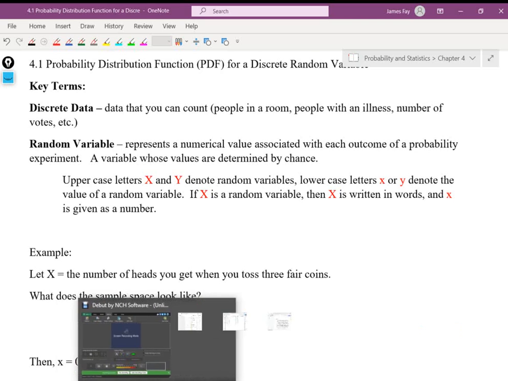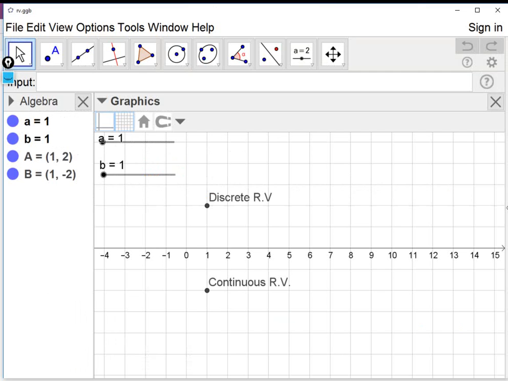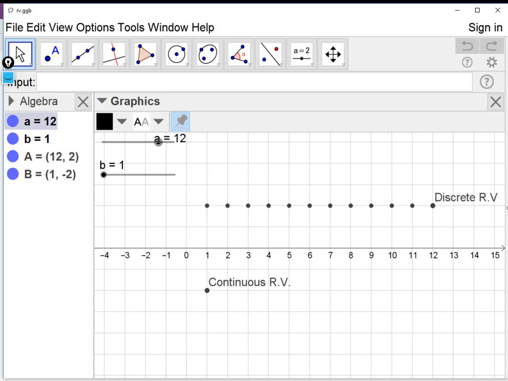Visually, we have discrete random variables and we have continuous random variables. I want to show you the difference visually. Discrete is the idea that my pieces of data might be things like 1, 2, 3, 4, 5. Those are countable.